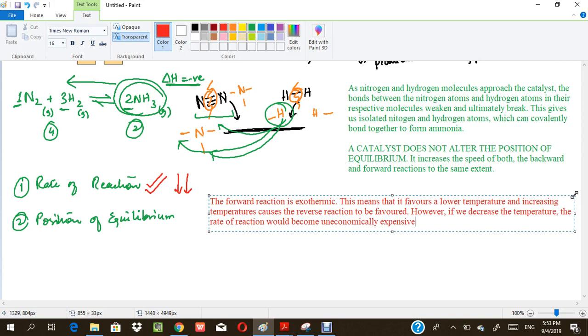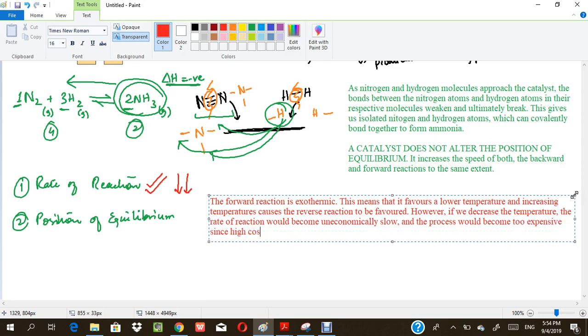It would become uneconomically expensive, uneconomically slow, and the process would become too expensive, since high costs are involved in maintaining the machinery used for the process.